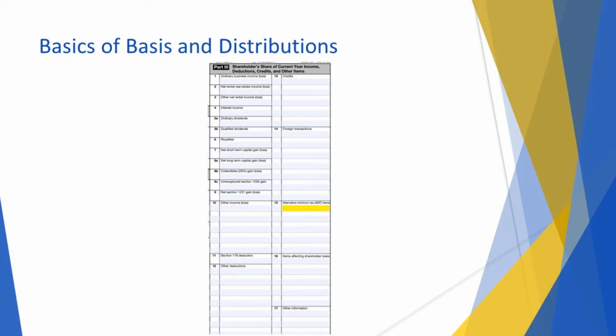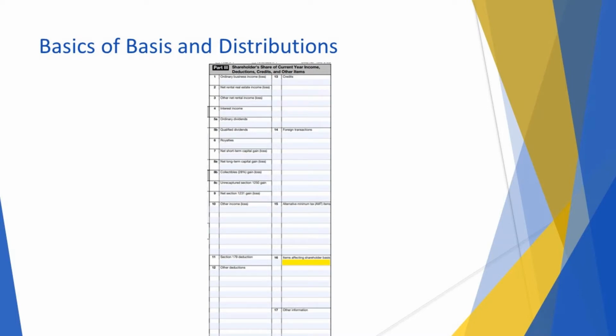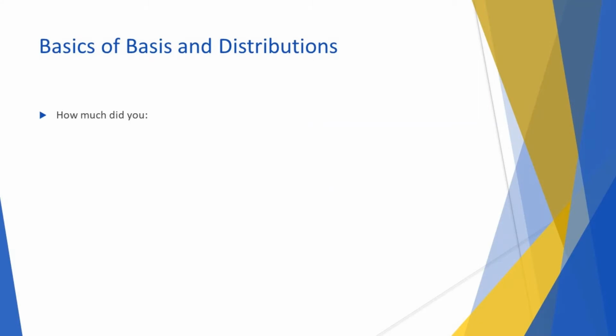Basis is decreased, but not below zero, by ordinary loss in box 1, separately stated loss items in boxes 2 through 12O, 14P, and 14Q, non-deductible expenses in box 16C, and non-dividend distributions in box 16D, and depletion for oil and gas in box 17R. Think of it like this: how much did you put in, leave in, and loan in?